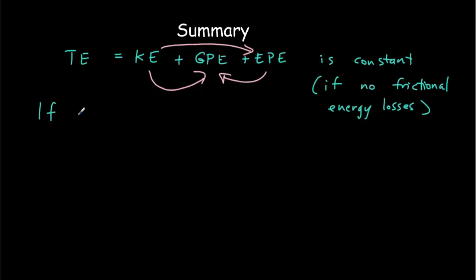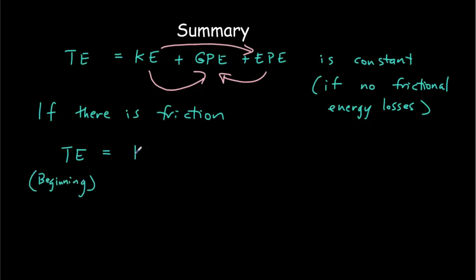If we have friction, then we can say that the total energy at the beginning, before any frictional losses, would be equal to the sum of the kinetic energy plus any of these potential energies, plus really the magnitude of the work done by friction, which would equal the frictional force times the distance.